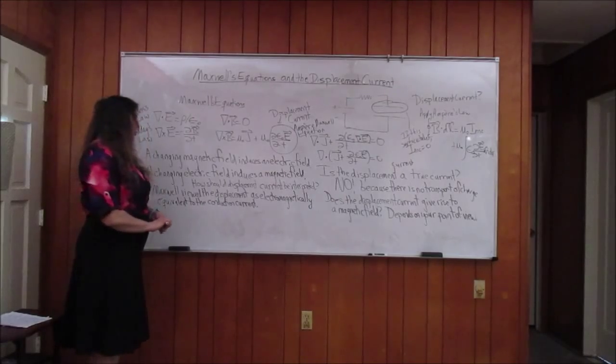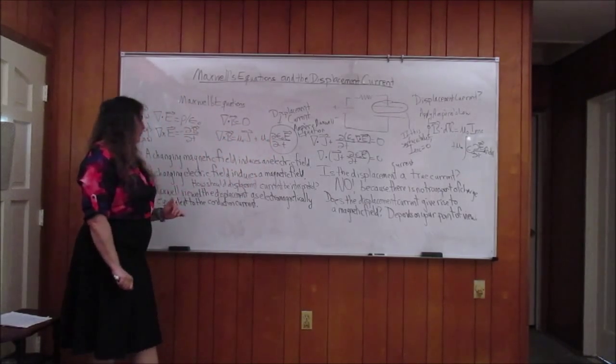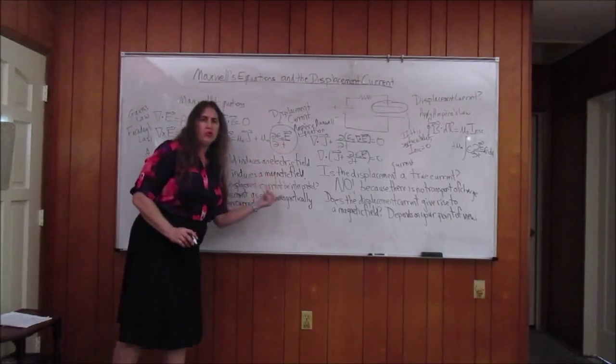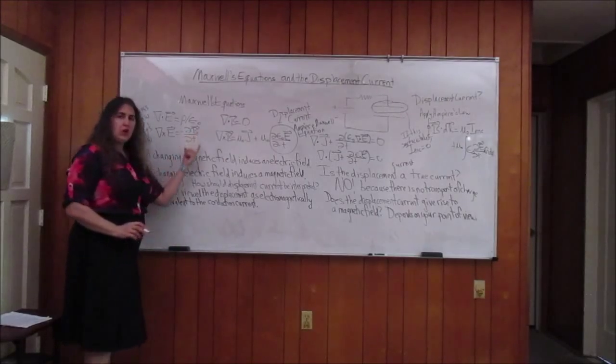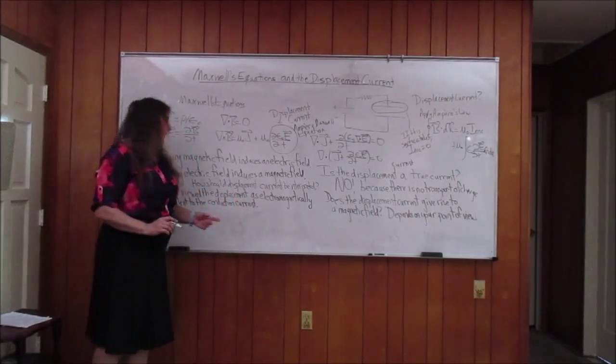And James Clerk Maxwell treated the displacement current on an equal footing. Okay, be very careful here not to call this a source term. And this is also not a source term. But he did treat them as electromagnetically equivalent.